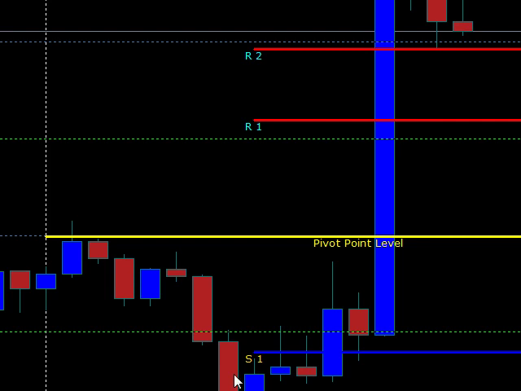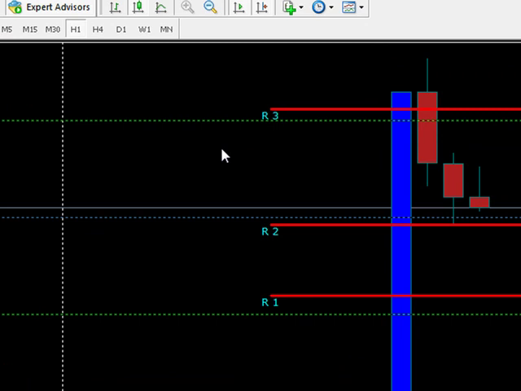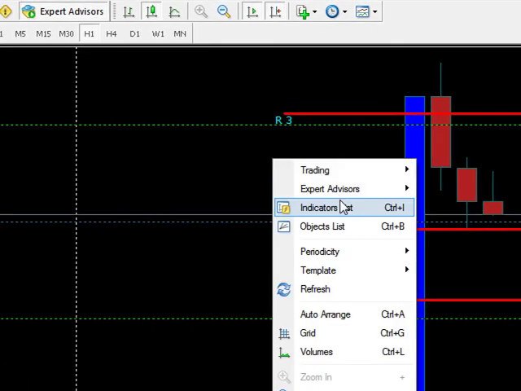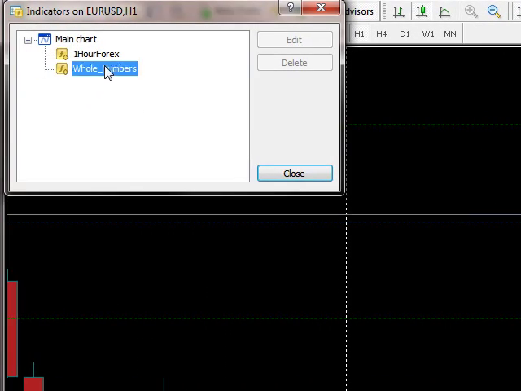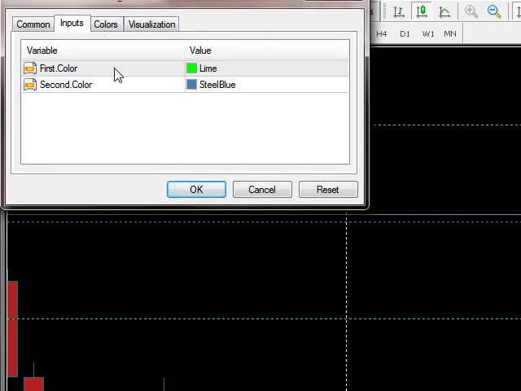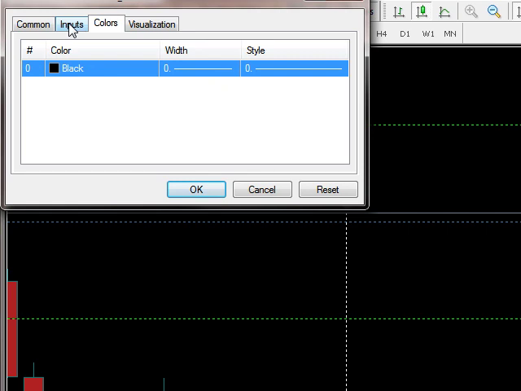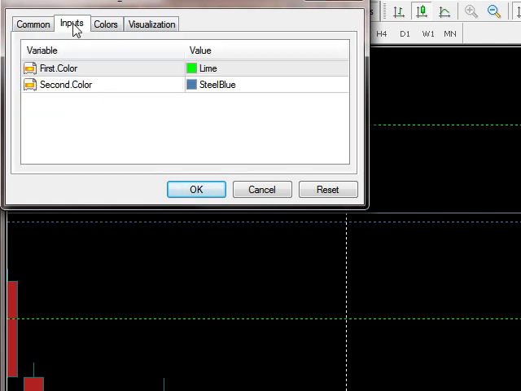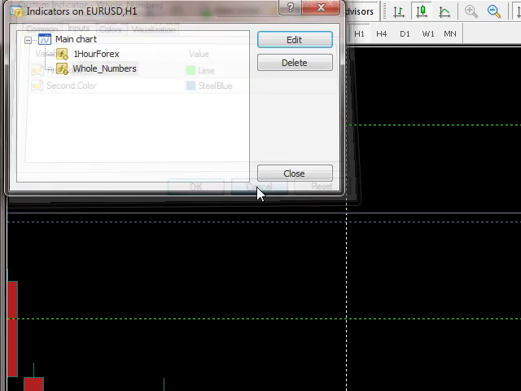There were 2 trades today. Actually, I need to set this up correctly. So let's do that. We'll go to indicator list, whole numbers, go to the inputs. Well, where is that? No, I'm in the wrong one. Oh, I'm still not together here. Cancel.